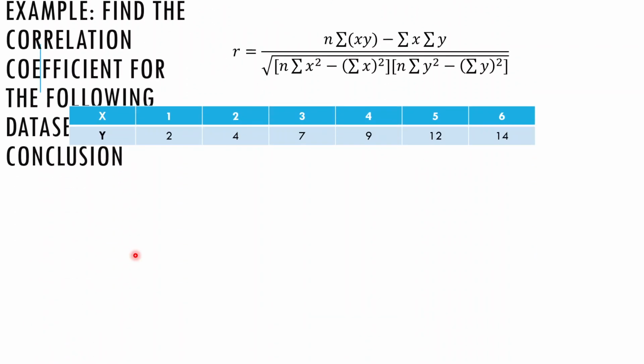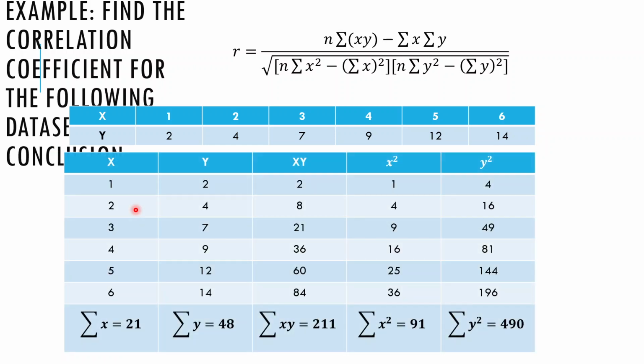Okay, let's do an example. From this example, you are given data x and data y, and you are asked to calculate the correlation coefficient. I think it's better if you create a table. So column x, and then you do the sum of x. Column y, do the sum of y.